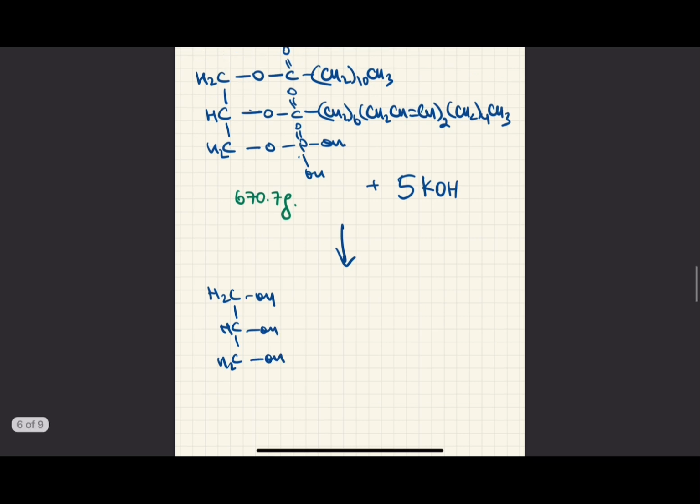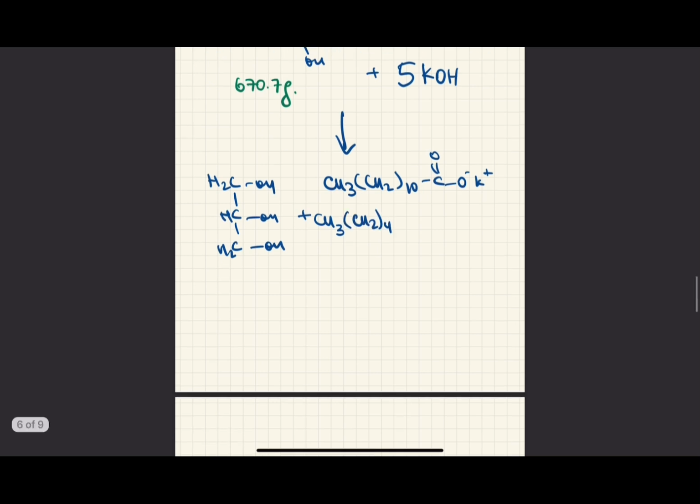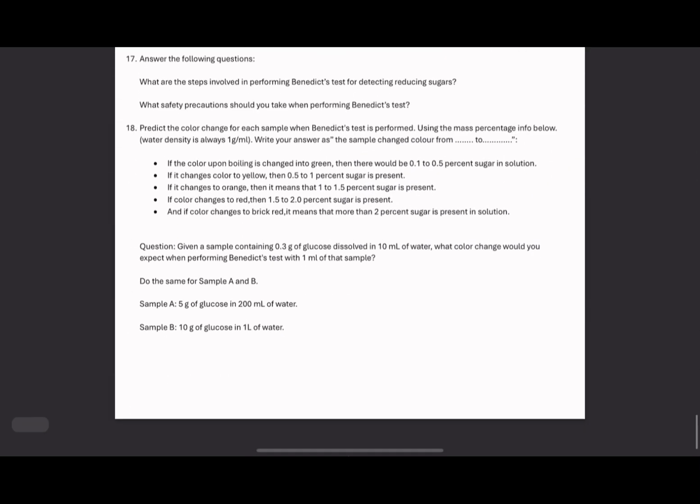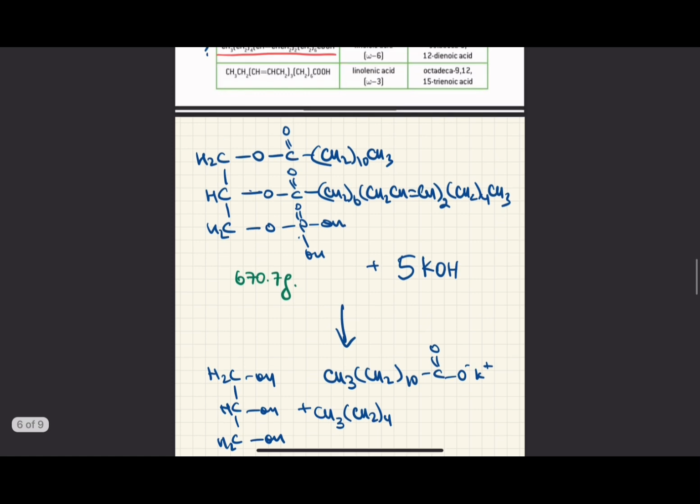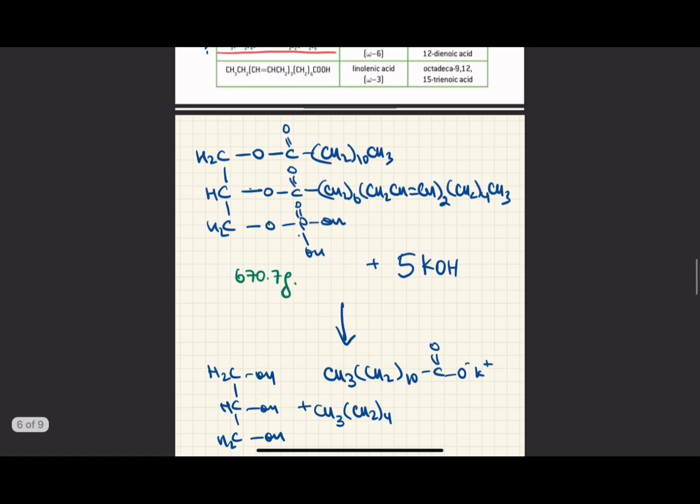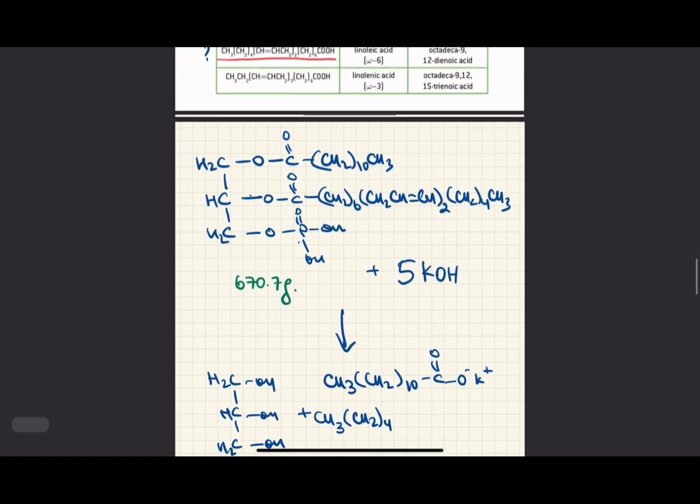And then from here you will get CH3, CH2, 10 of them, COO negative K plus. And then you would get your linoleic acid. As you see, I'm flipping it as it is required from us. So you see we have the linoleic in here. Just gonna literally copy it as it is.